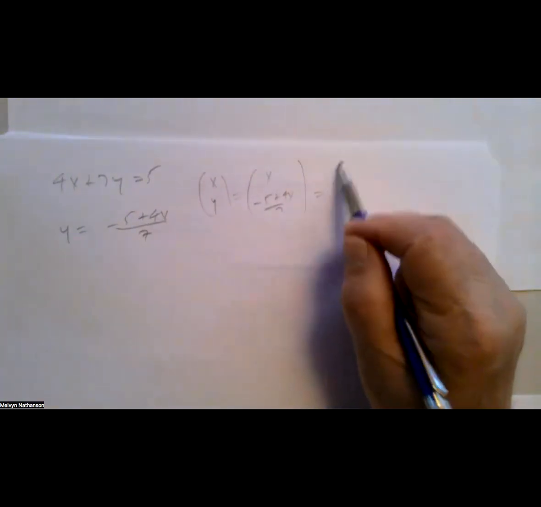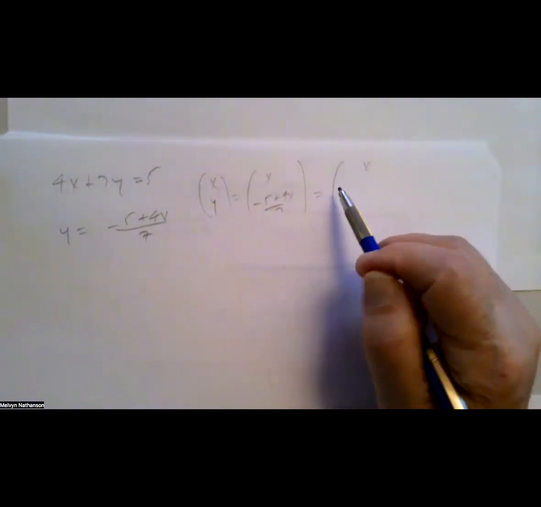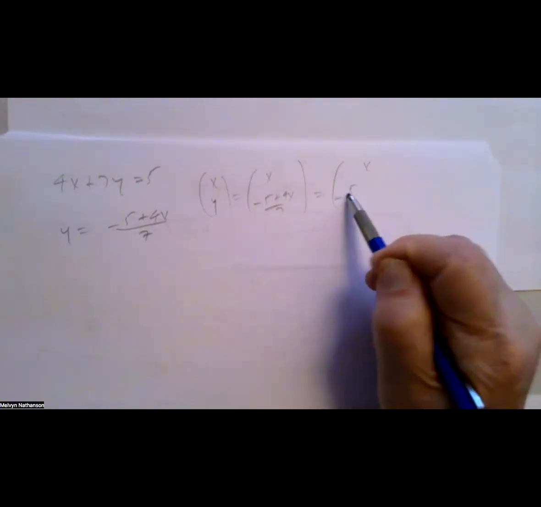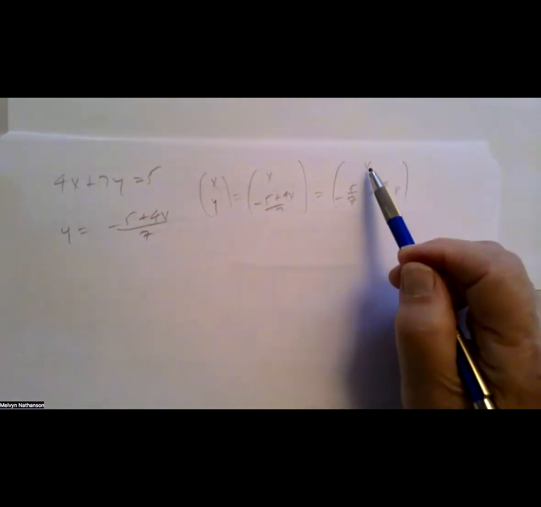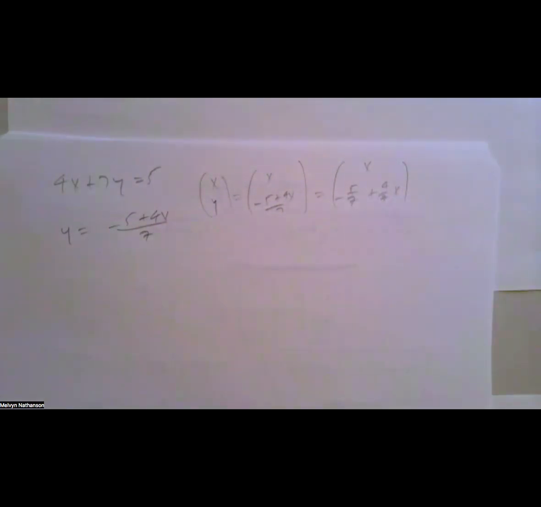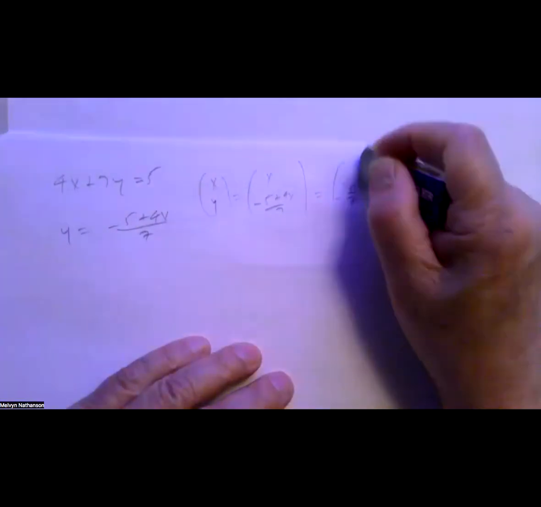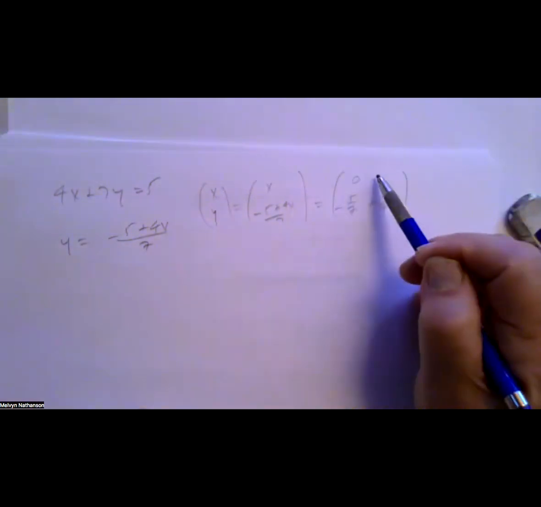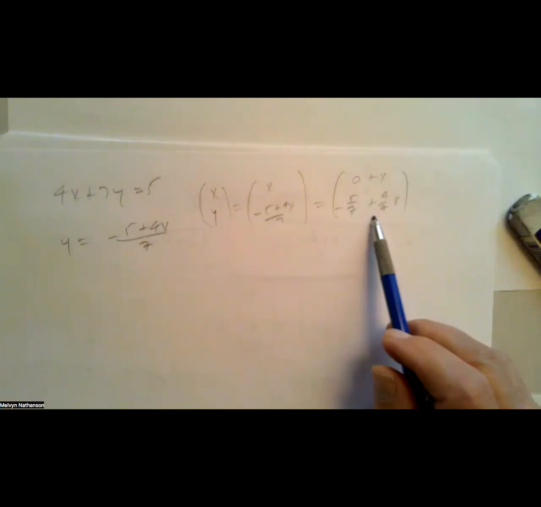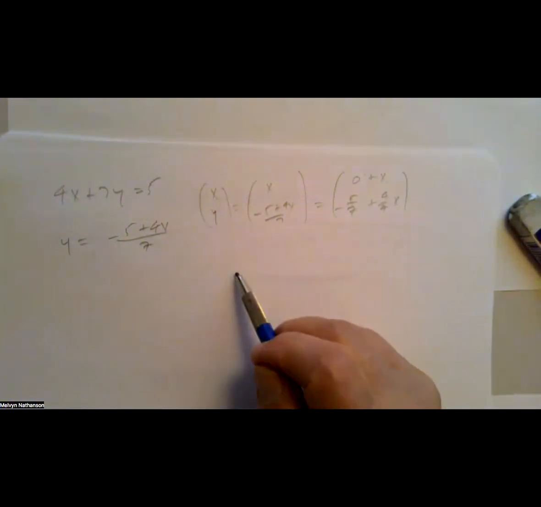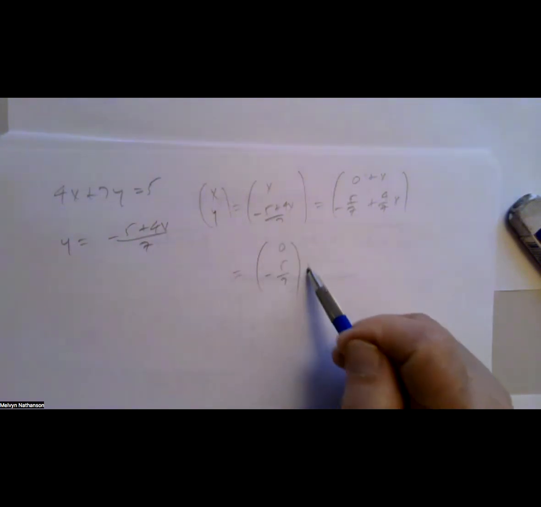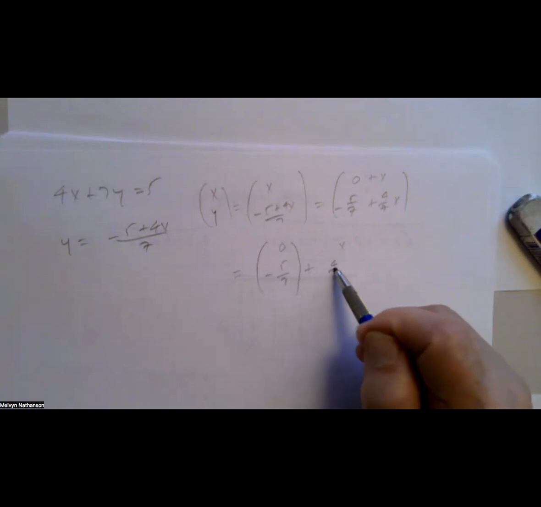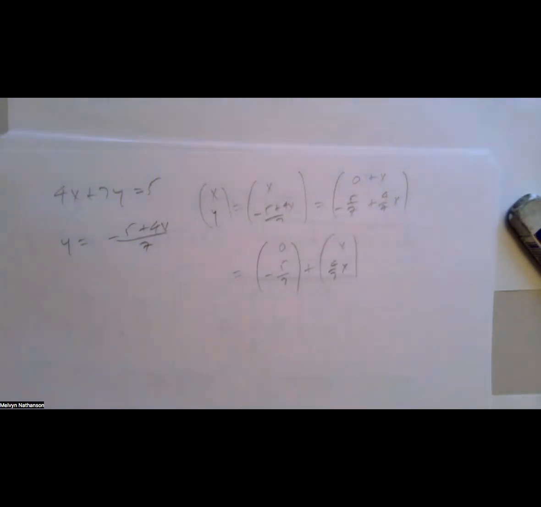I can write this like this. This is x, and this is minus 5/7 plus 4/7 times x. I can think of x as, let me just write it like this to make it very clear, 0 plus x. Add 0 to any number, it doesn't change it. But if I write it in this form, it looks like the sum of two vectors.